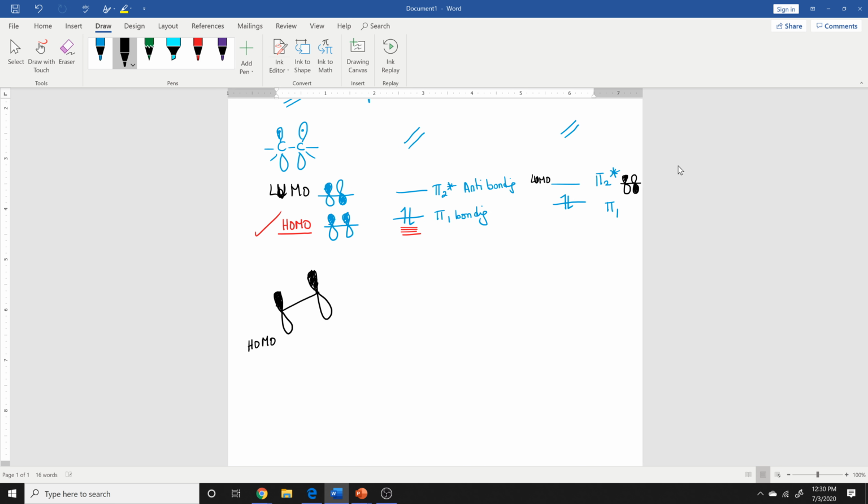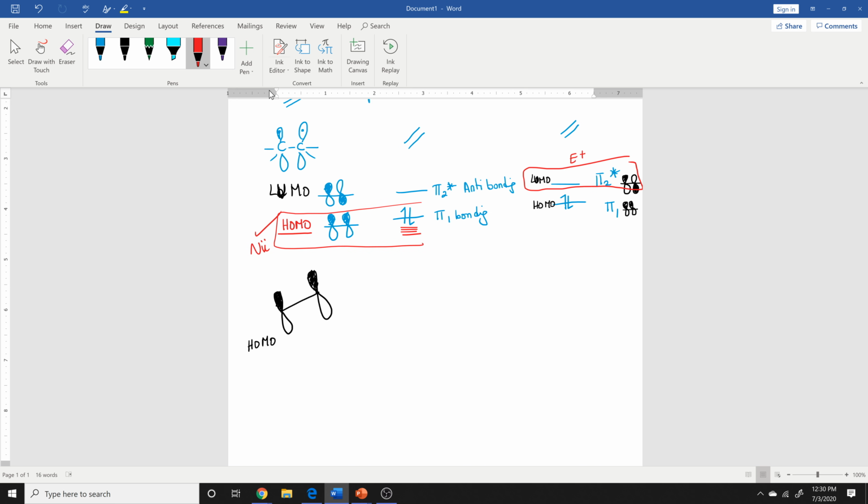The unoccupied molecular orbital is always above the highest occupied molecular orbital. So this is the highest occupied molecular orbital there. So I'm just going to go ahead and pick the lowest unoccupied molecular orbital for my ethene. This is going to serve as my electrophile. My highest occupied molecular orbital is going to serve as my nucleophile.